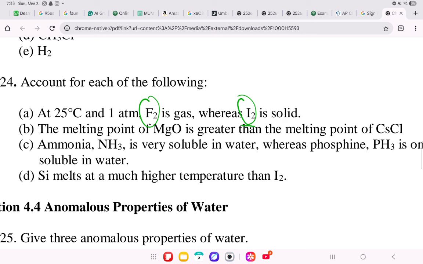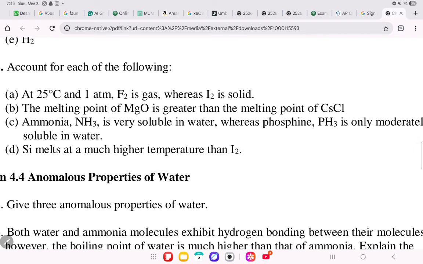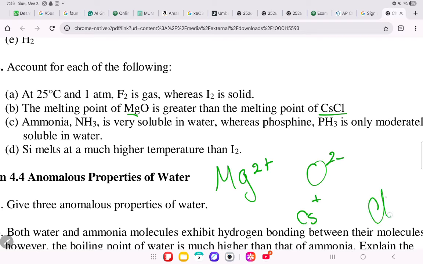Now, the melting point of MgO is greater than the melting point of CsCl. MgO, ionic, CsCl, ionic. Mg is Mg2+, O is O2-, Cs is Cs+, and Cl is Cl-. Now, first thing we do is we compare the size of Mg and Cs.